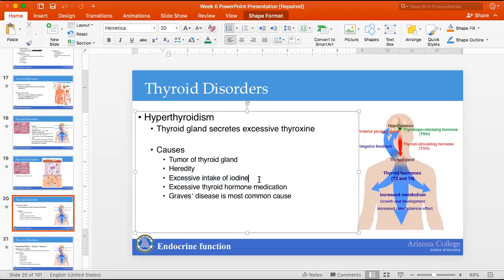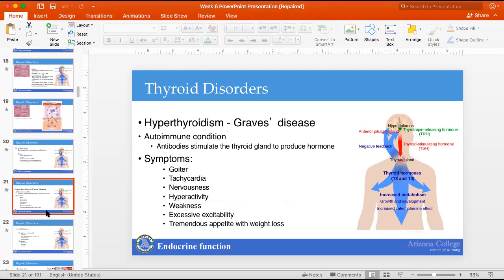Typically, if you saw that, it would be because of our salt that is fortified with iodine, that being one of the main dietary intakes of it. So maybe someone's eating too much salt. Excessive thyroid hormone medication or Graves' disease is the most common cause. Graves' disease being a thyroid disorder of having this extra thyroid hormone.